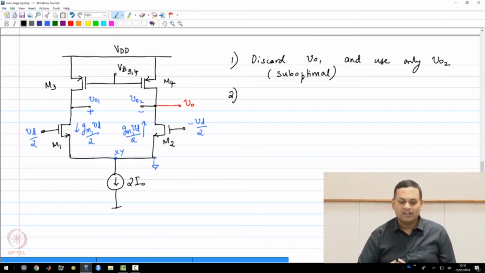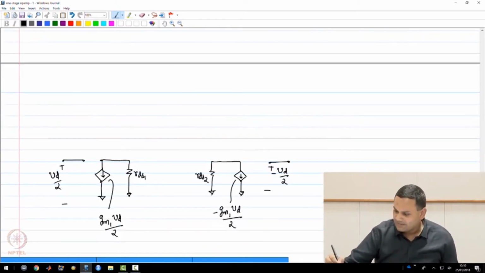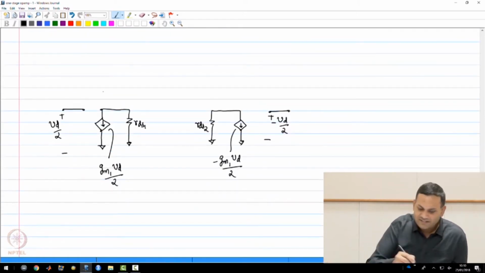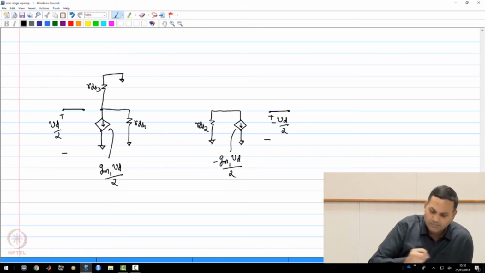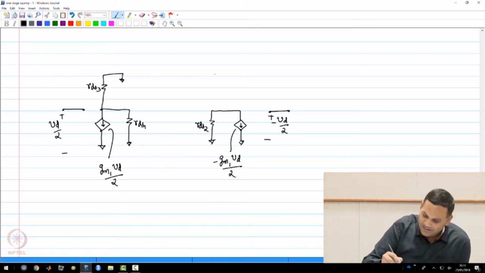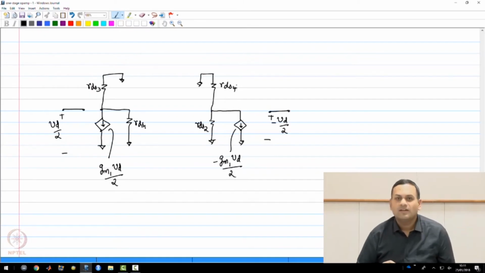So the voltage controlled current source, the GM portion of the PMOS transistors, will be 0, and therefore it will present purely resistive impedance at this node. So this is RDS3, and similarly you will have RDS4 connected to VO2.